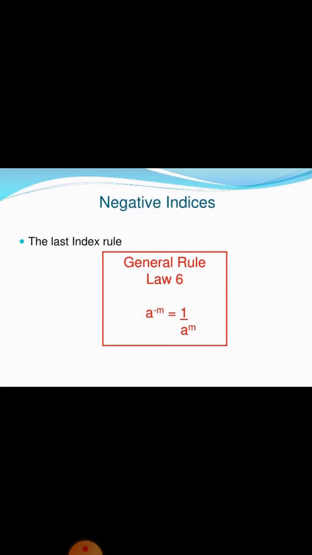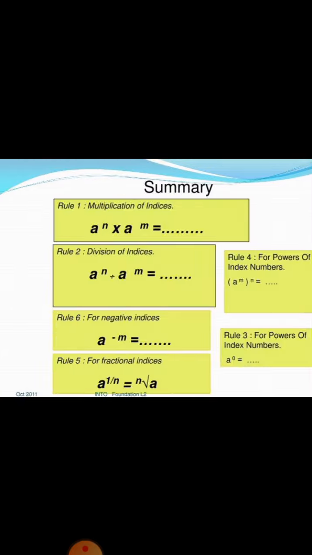When the numerator has a negative power, you can take it to the denominator. For example, here we write a raised to power minus m, and this m is positive. When we move it from the numerator to the denominator, we get 1 by a raised to power m.